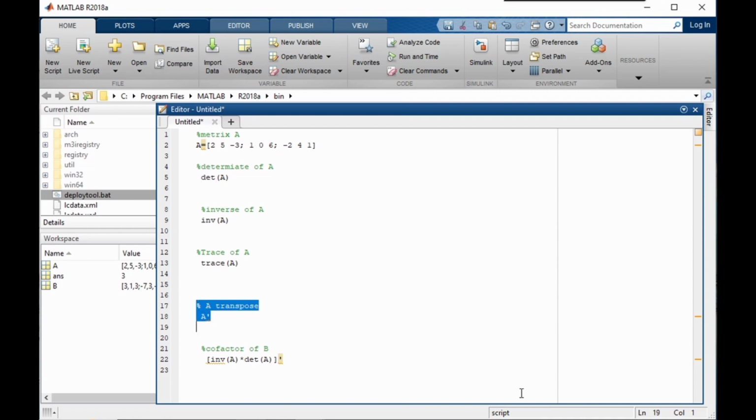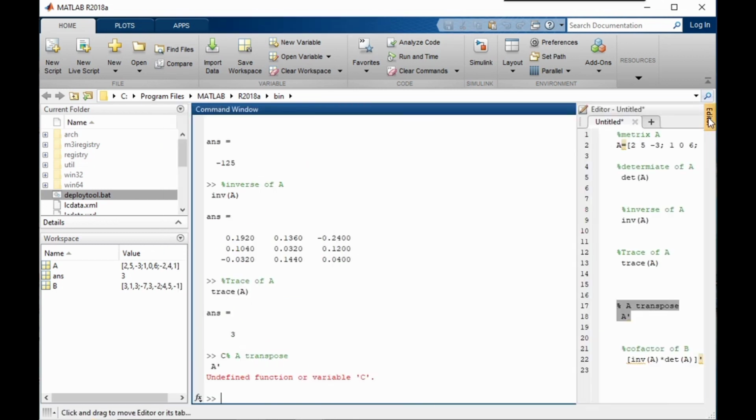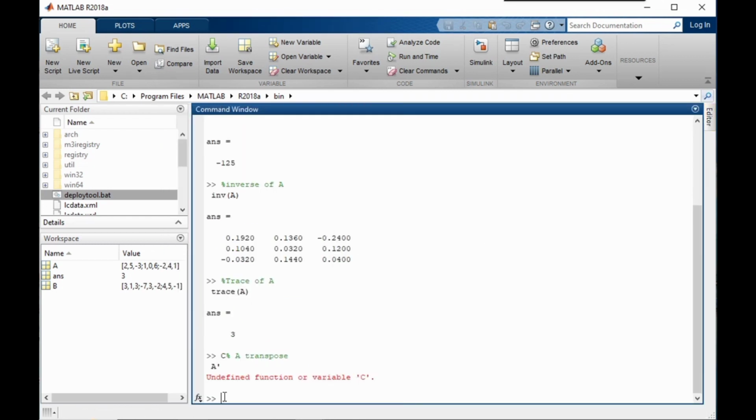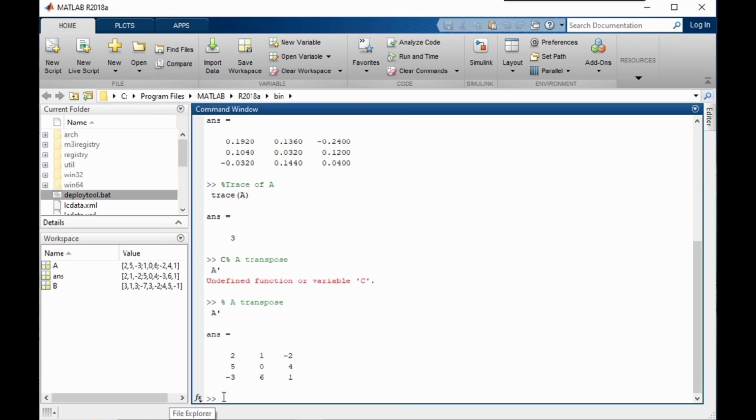Control C to copy, and then Control V to paste. Okay, you will see that the A transpose was also this. It negates this line. Yeah, that's why we have a transpose.